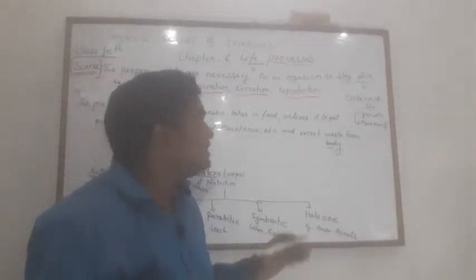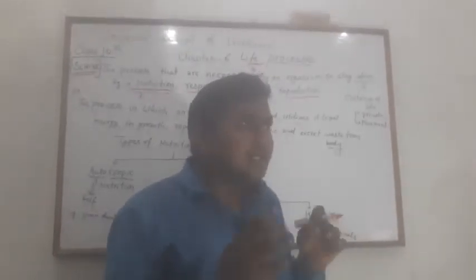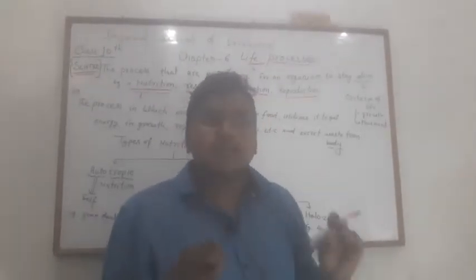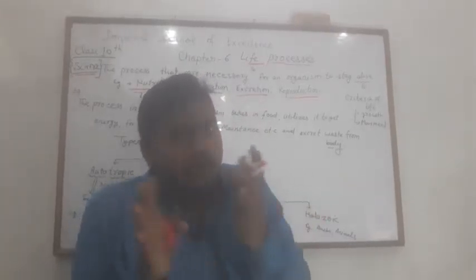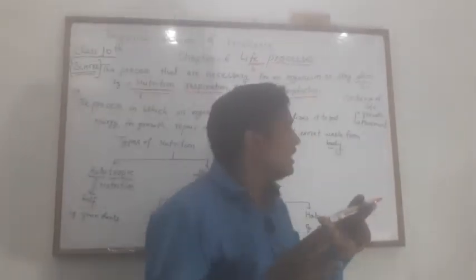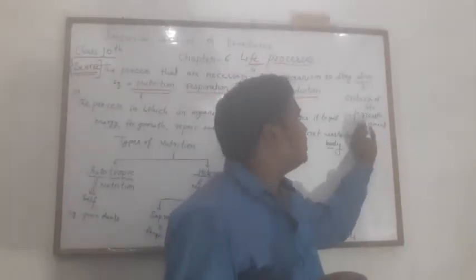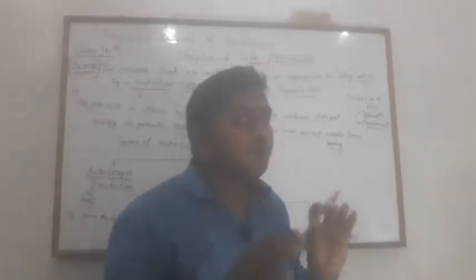And dear students, see what are the criteria of life, means what characters should be seen in a living organism. There is a difference between living organism and non-living organism, and these are the two main criteria. One is growth, a living thing has growth, and second, a living thing has movement.